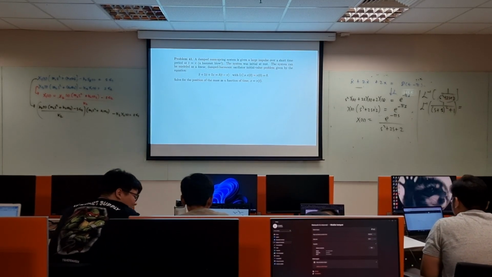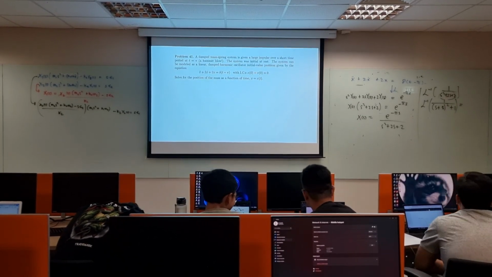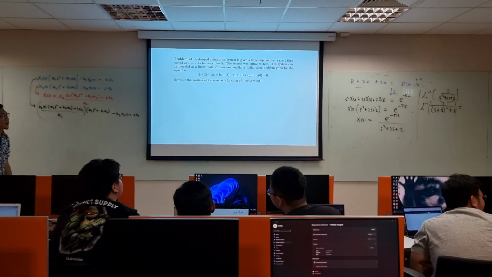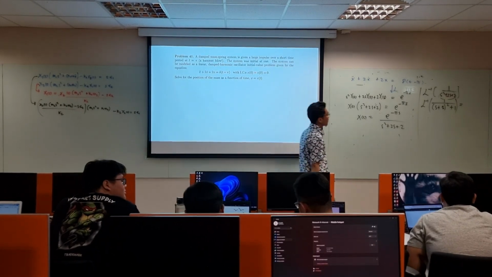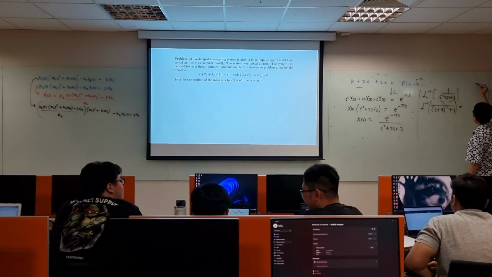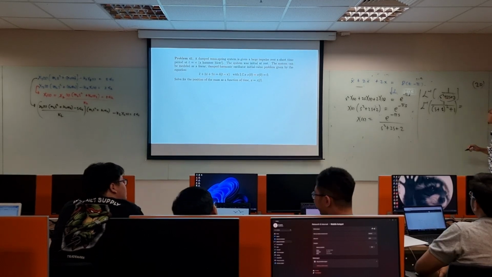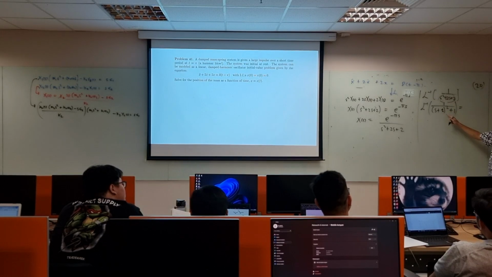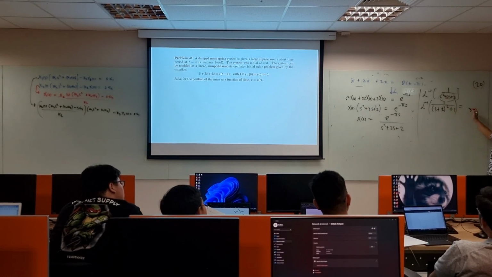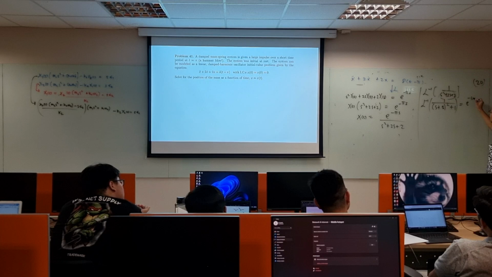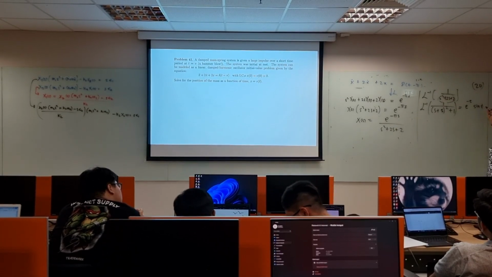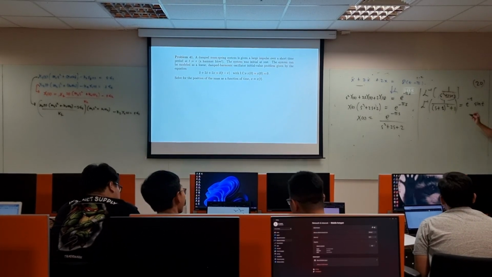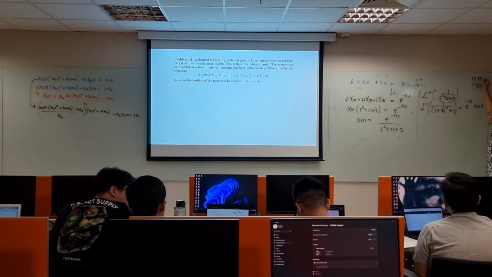Table A1, number 20. Yes, entry number 20. So the omega is 1, and a is 1. It becomes e to the power minus t times sine of t. Yes, take entry number 20, the LT pair.